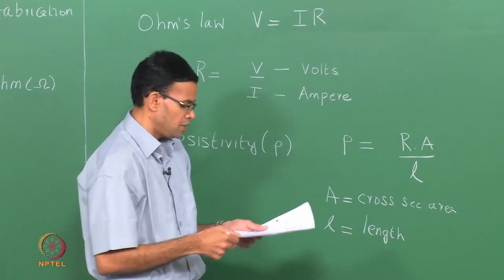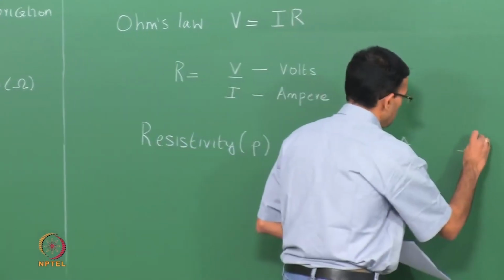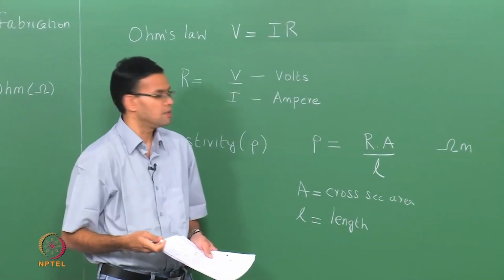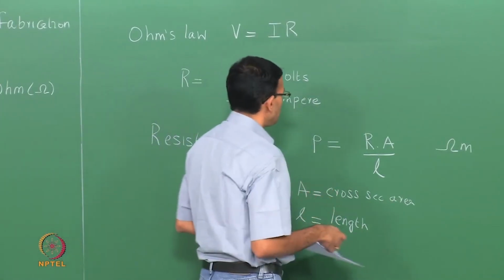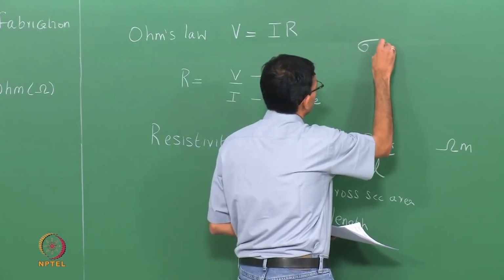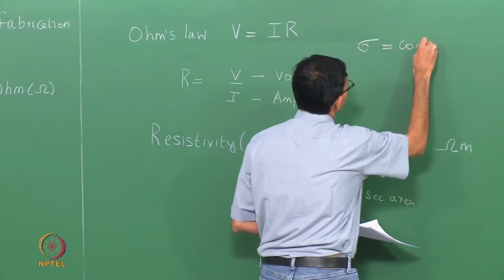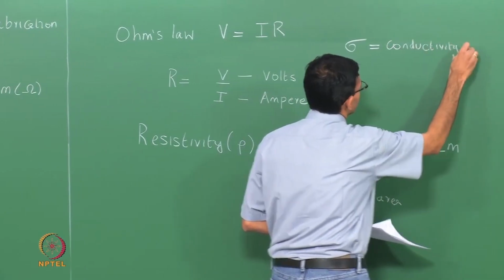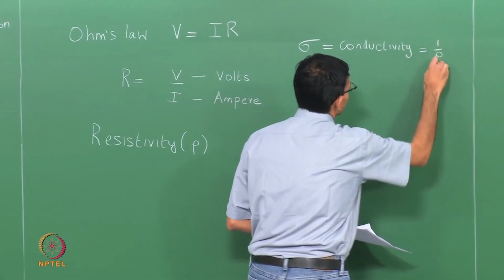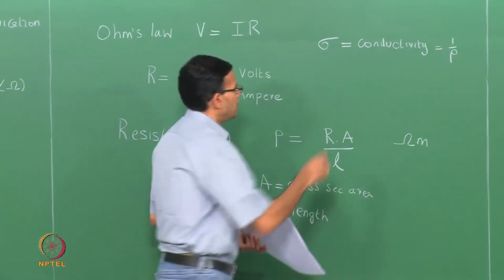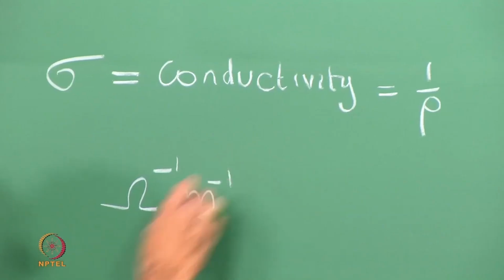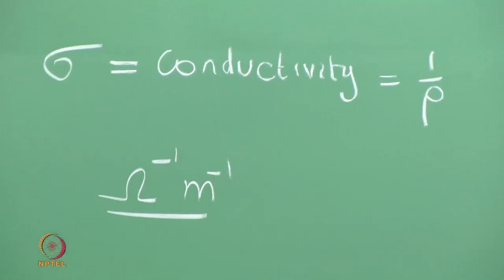The unit of resistivity is ohm meter. You can also have ohm centimeter. 1 over the resistivity is called conductivity. The unit of conductivity is nothing but ohm inverse and meter inverse.